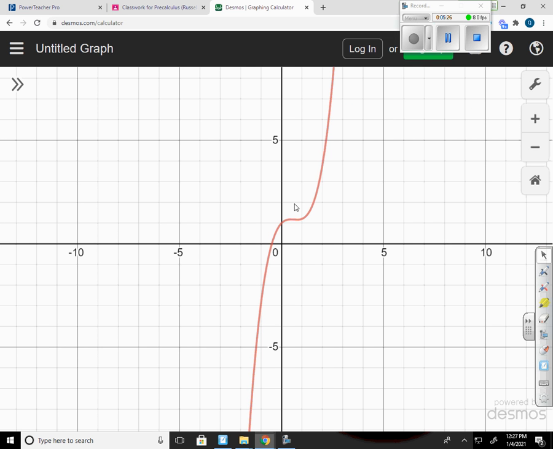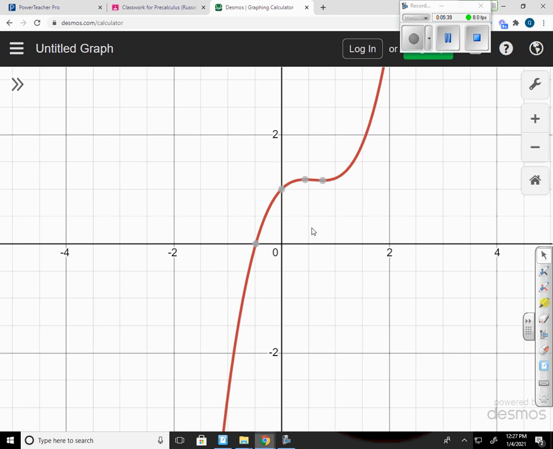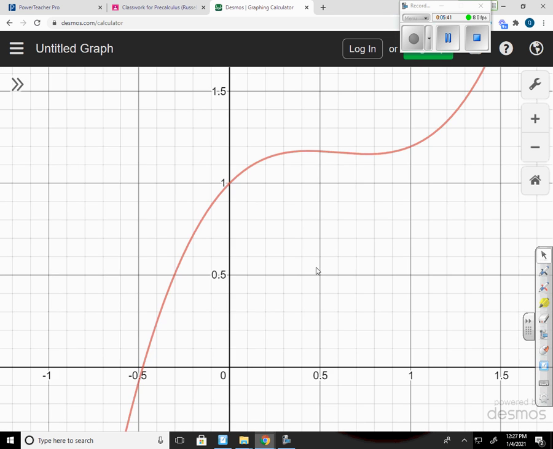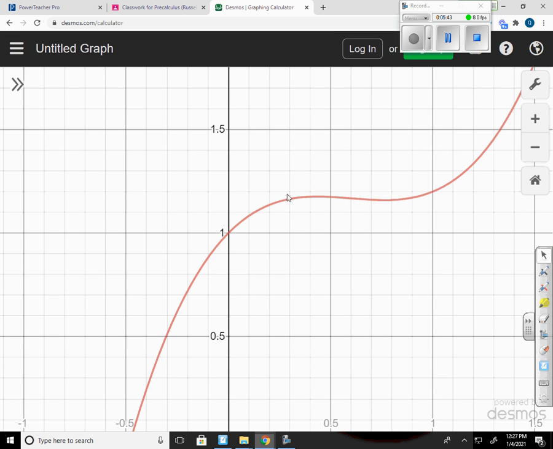And so I can see that as it goes all the way to the right continuously forever, it's going to be going up forever, and to the left it's going to be going down forever. But right in here, there's going to be some local max and mins for us. If I zoom in on it, I can see that somewhere in here, there's going to be a point that's the highest amongst the group.